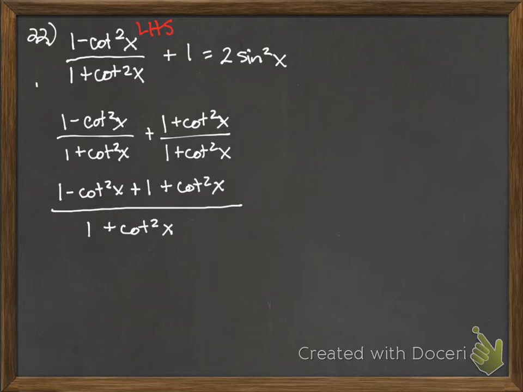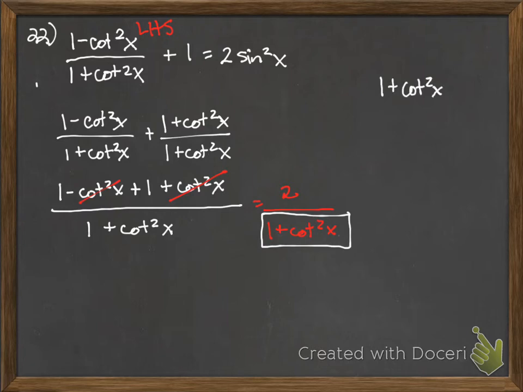Okay, so the cotangents will cancel each other, and I get 2 over 1 plus cotangent squared x. And if you remember from the Pythagorean theorem that 1 plus cotangent squared x equals cosecant squared x.